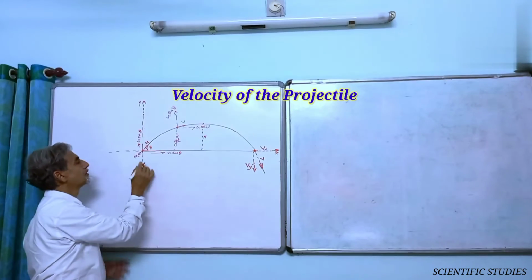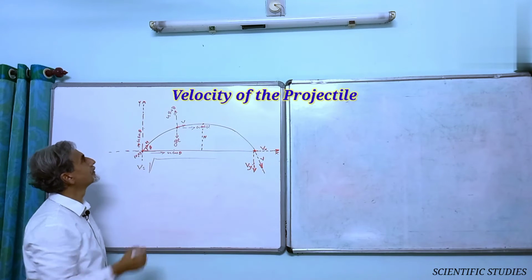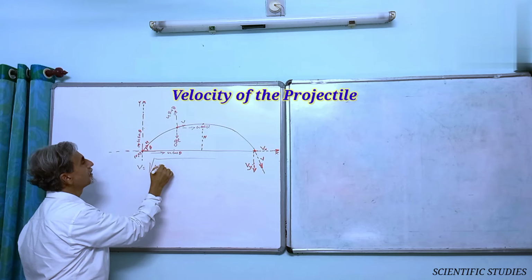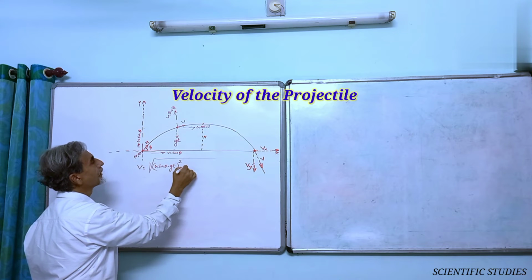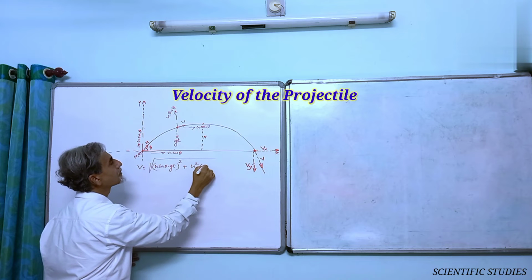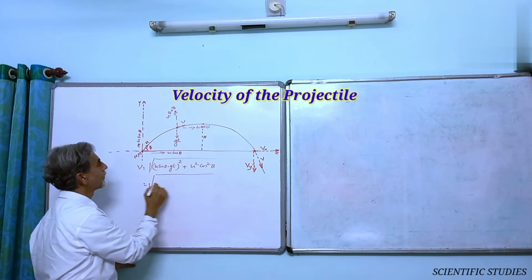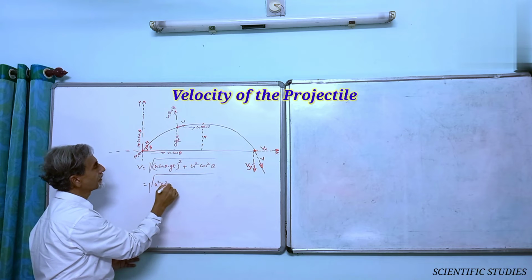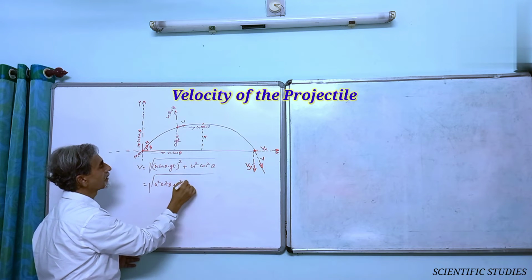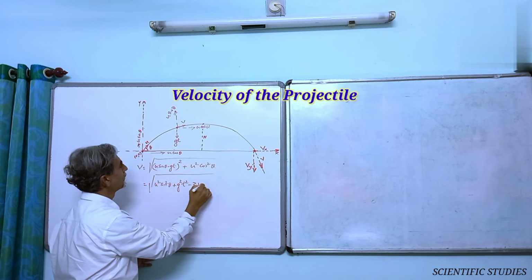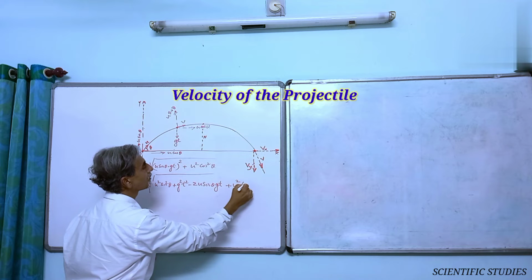So the resultant velocity v is equal to root of (u sin theta minus gt) the whole square plus u square cos square theta. That is again equal to root of u square sin square theta plus g square t square minus 2u sin theta gt plus u square cos square theta.